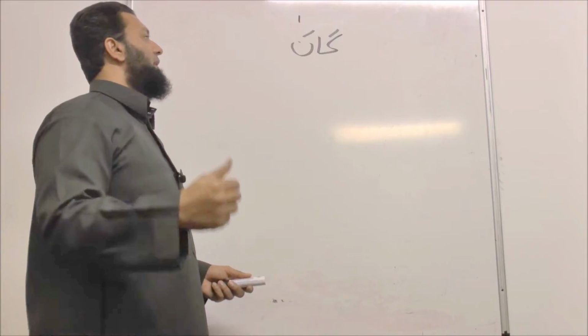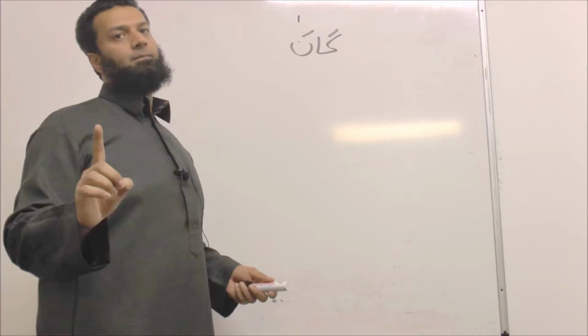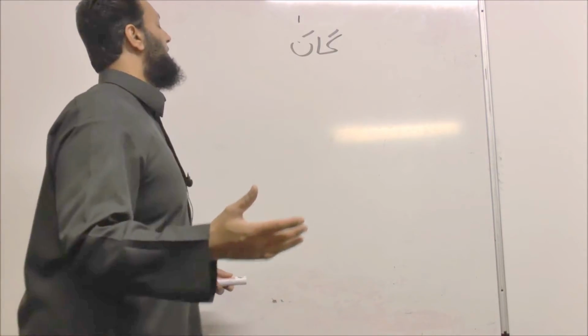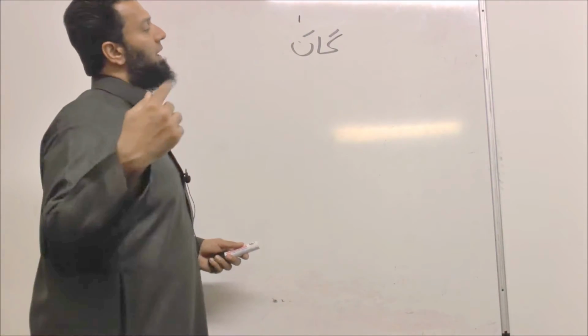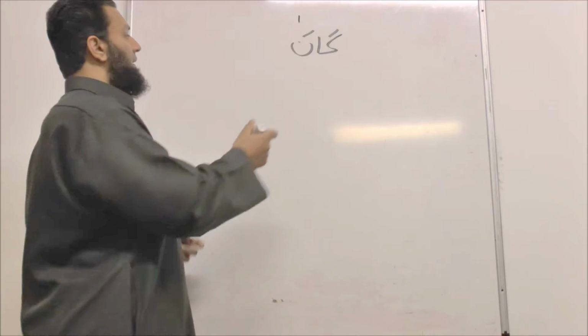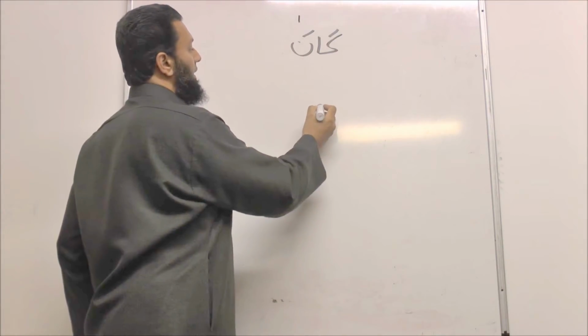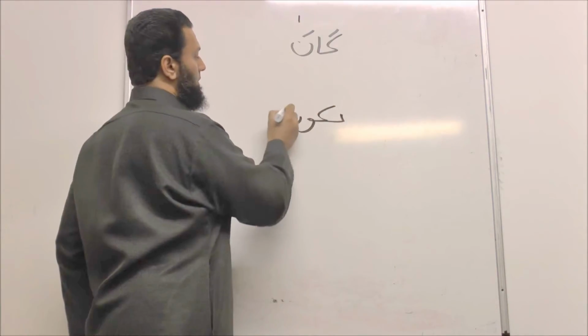So Kaana means literally he was. Okay, so we mentioned examples of how to use it and the different conjugations in our previous lesson. So today we want to speak about the present tense of Kaana, which is yakunu.